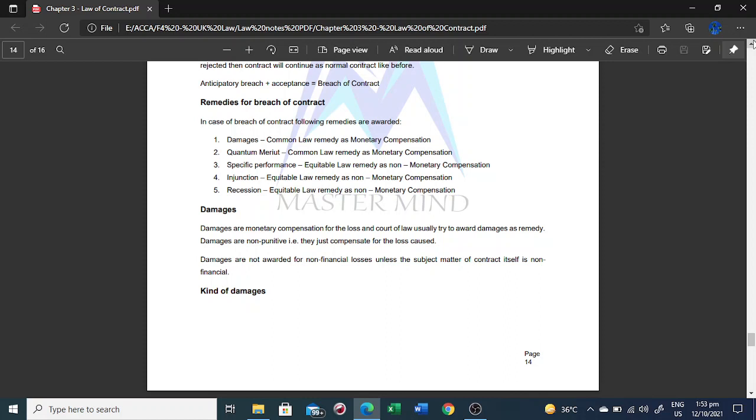Then we have injunction. In an injunction, the other person is told to be vigilant and not to do that activity again. Let's say somebody has disposed of garbage in the river, and the court has called them for a hearing.